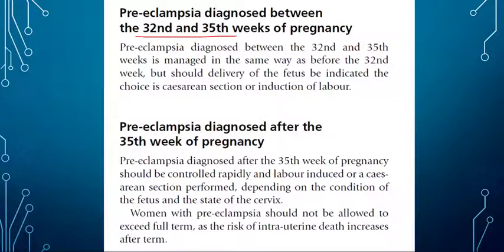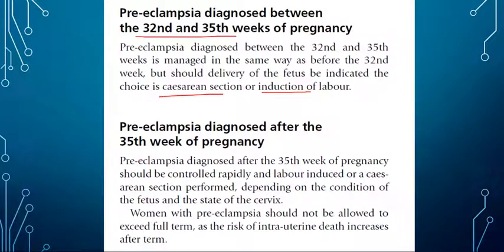But if during that time, when you are actually monitoring the patient, the patient develops severe preeclampsia or imminent eclampsia, then you can't do anything. The choice would be either to go for induction of labor or cesarean section.